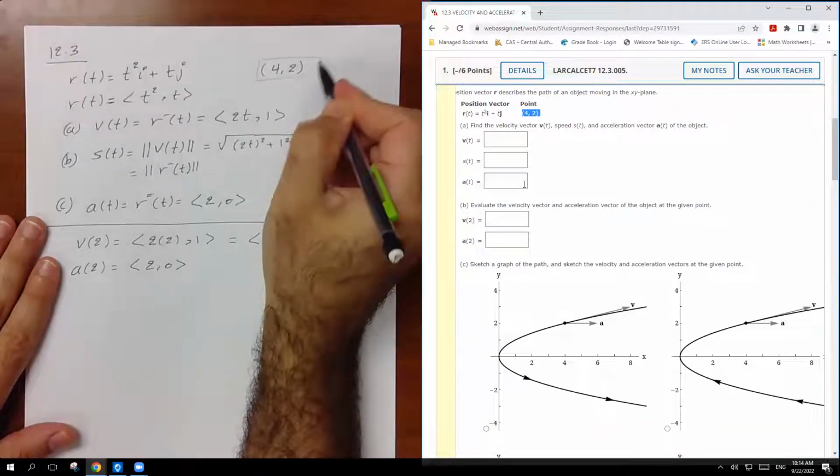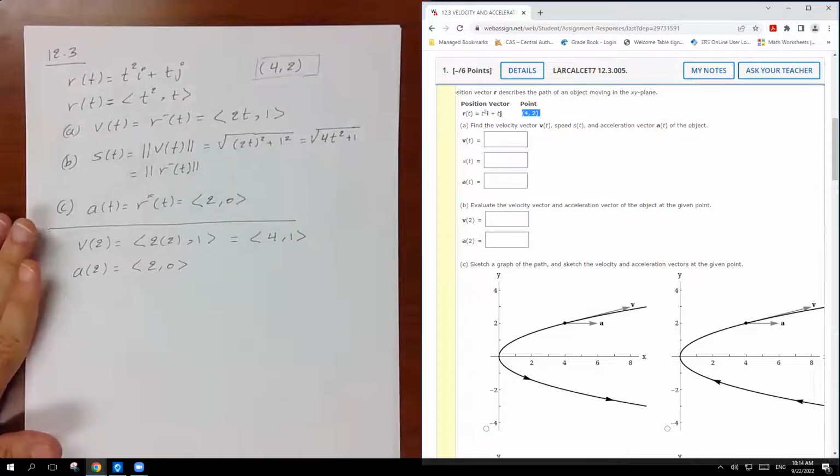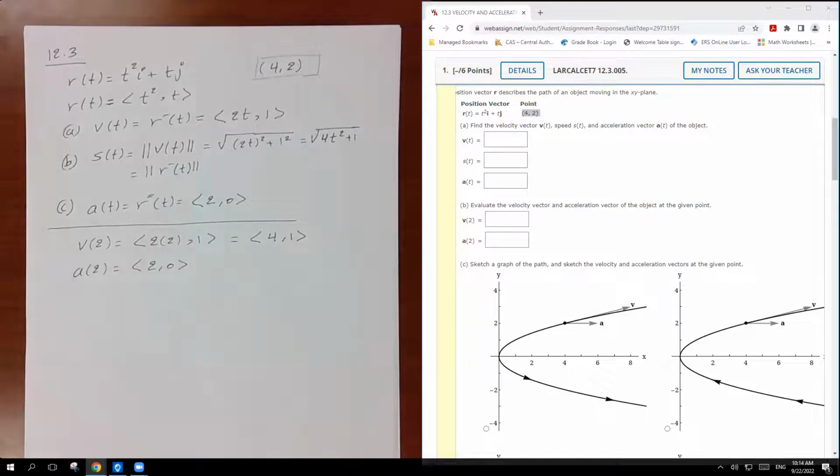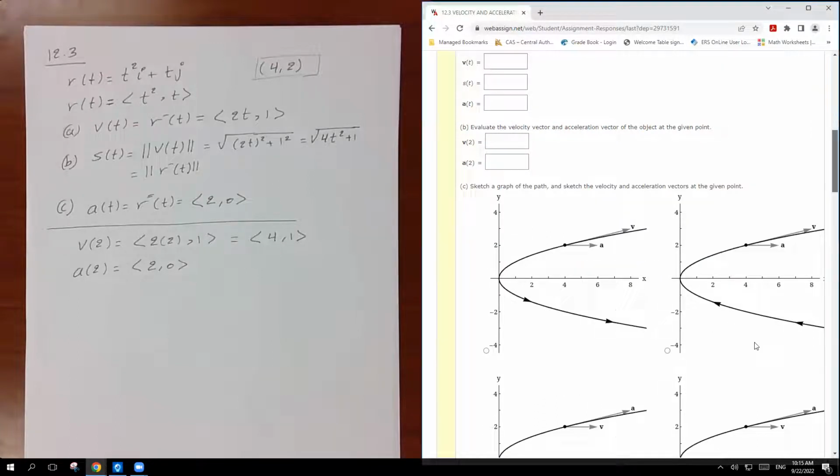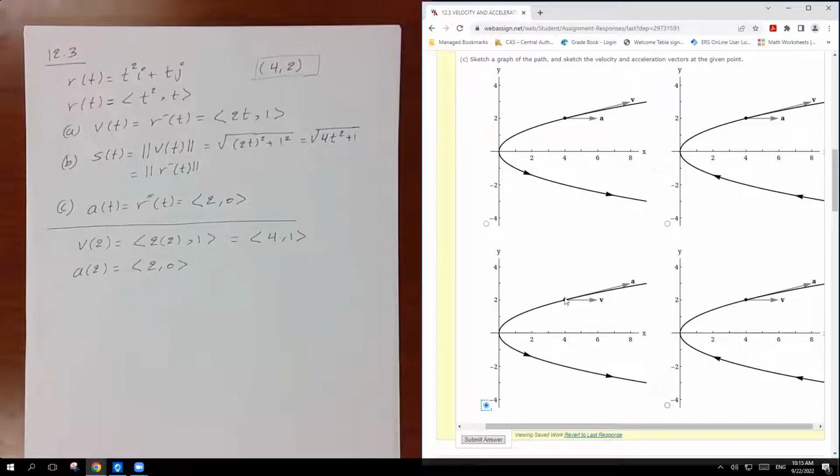This is our point, (4, 2). So now I need to check the point (4, 2) before I start graphing. Here is 4 and here is 2. So it could be this one. This is the point (4, 2). Let's check the other two graphs. The same thing, (4, 2) and (4, 2). So all the graphs are right with the starting point (4, 2).